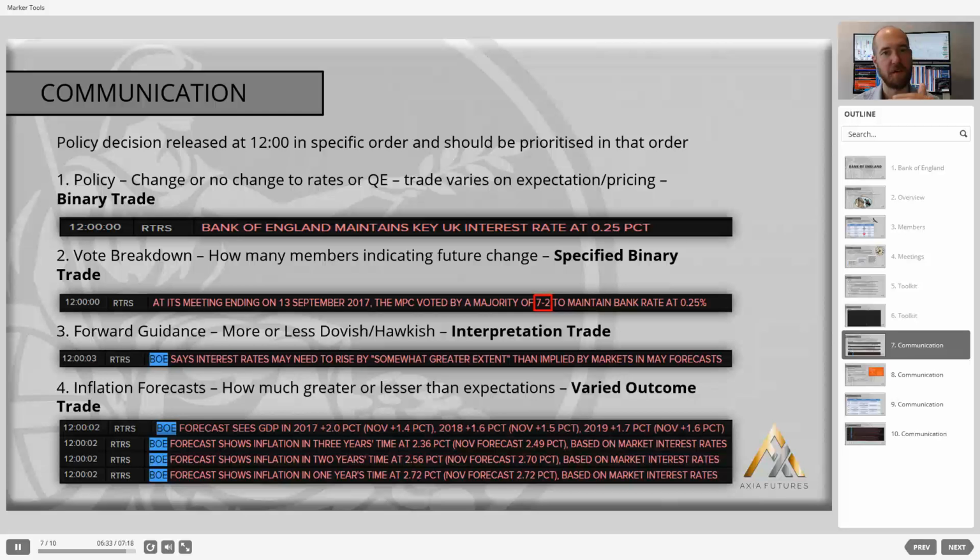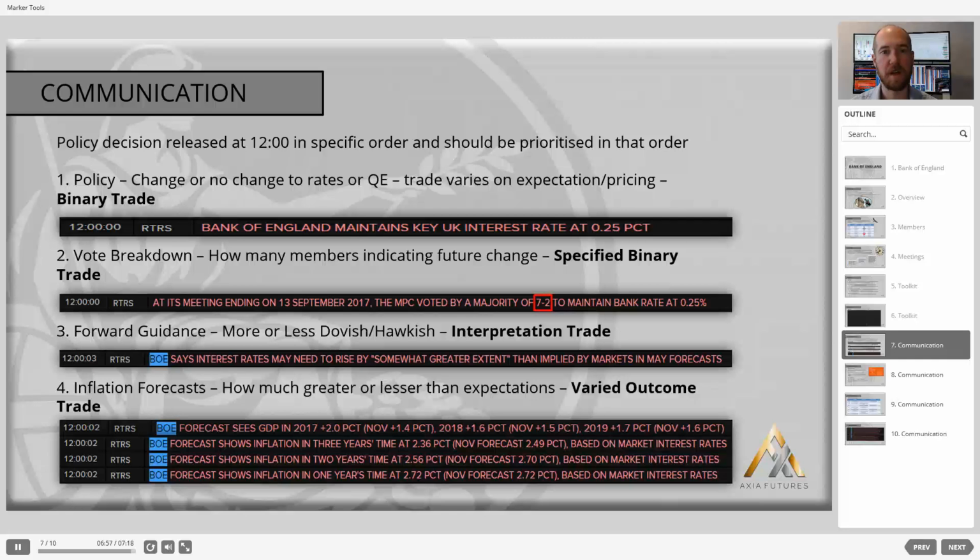So you'd have to see a drop to 2.2 for you to be willing to actually trade. So that's where that variance of outcome comes in. The scale of the difference from the forecast directly will impact how much the market moves on it. So that's where you've got to understand your limits on how far you're going to go and trade that.